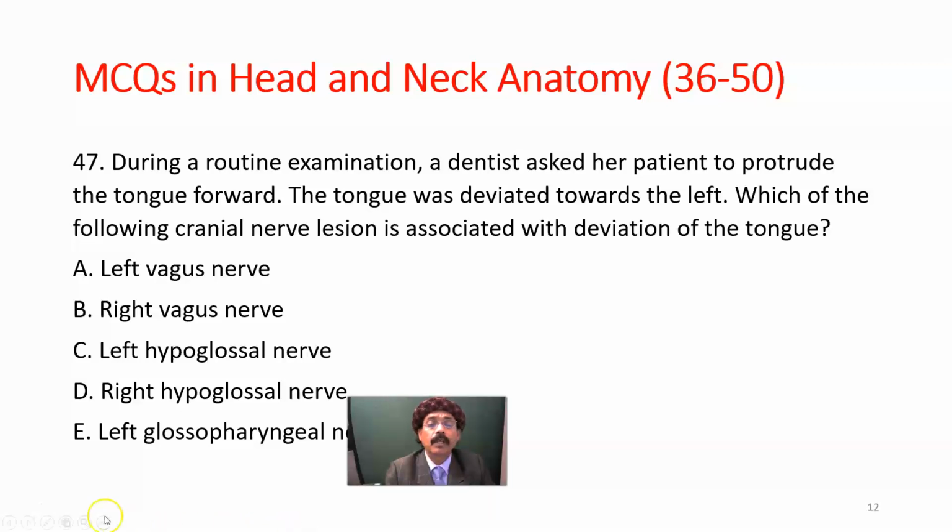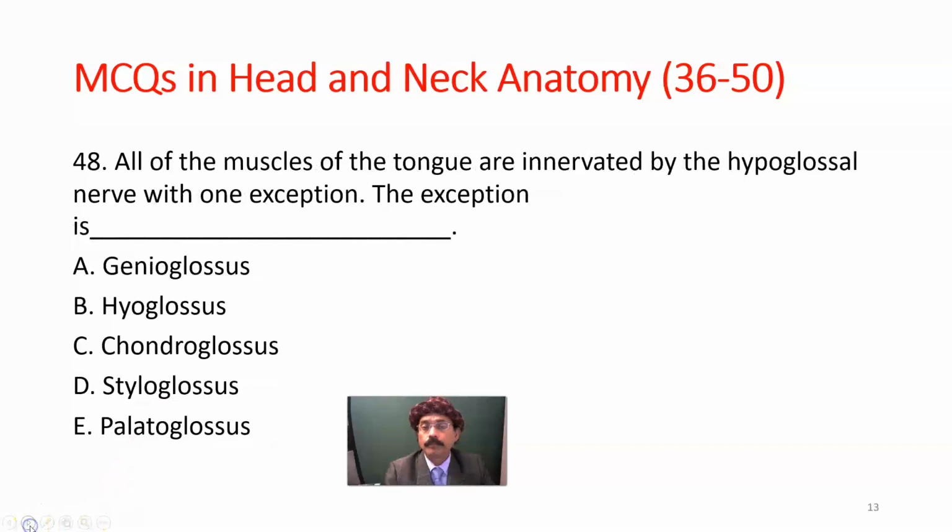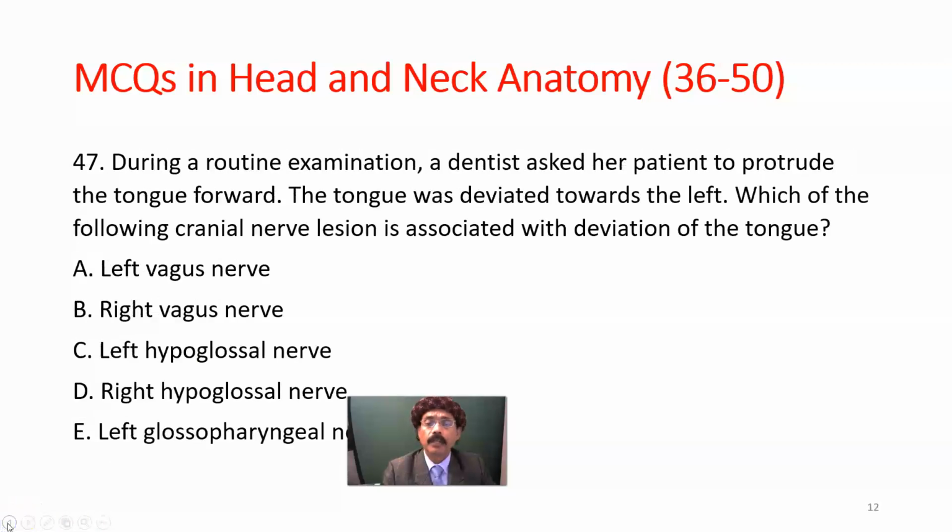Answer should be left hypoglossal nerve. Because there is no resistance on the left side, the right sided muscle will push towards the left side. Okay, we got 47. Answer should be left hypoglossal nerve C.